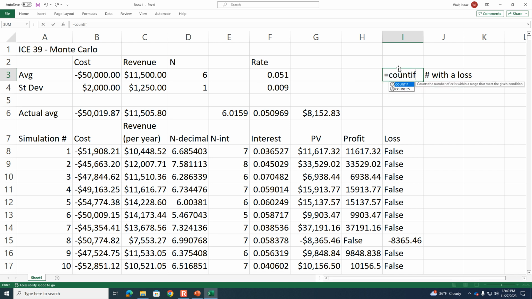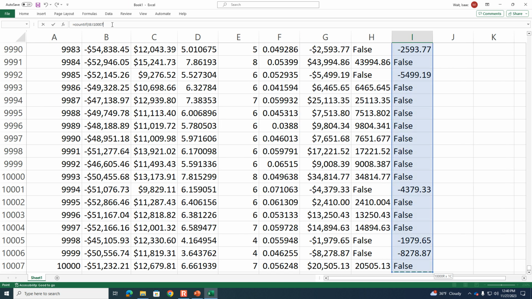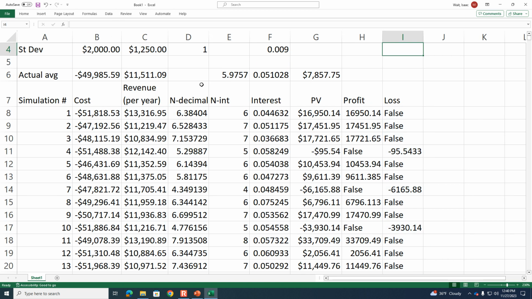COUNTIF. Okay, so the range is going to be from here down to the bottom, and then back in here to the criteria, if it says false. I think this will count the number of times.